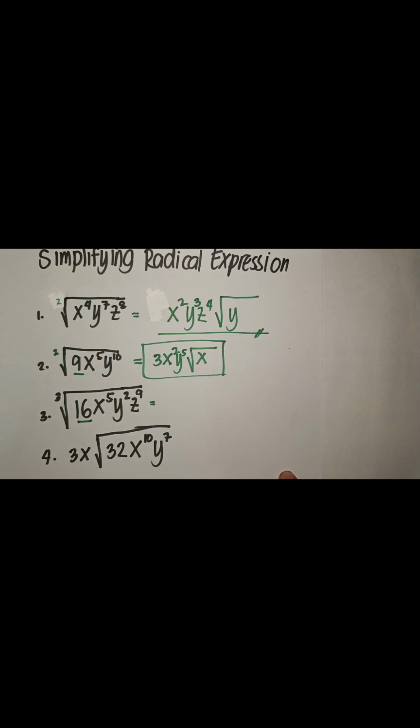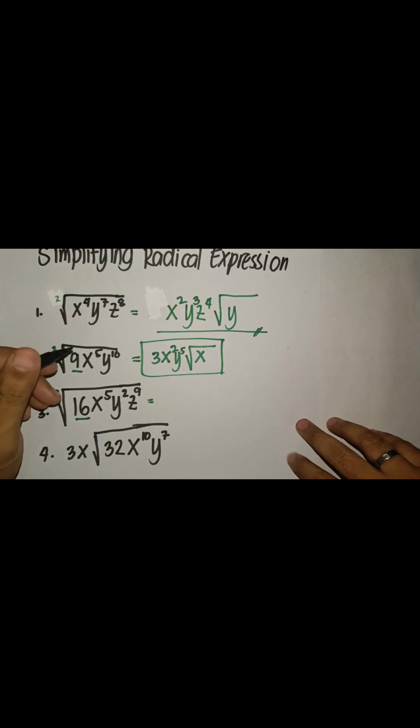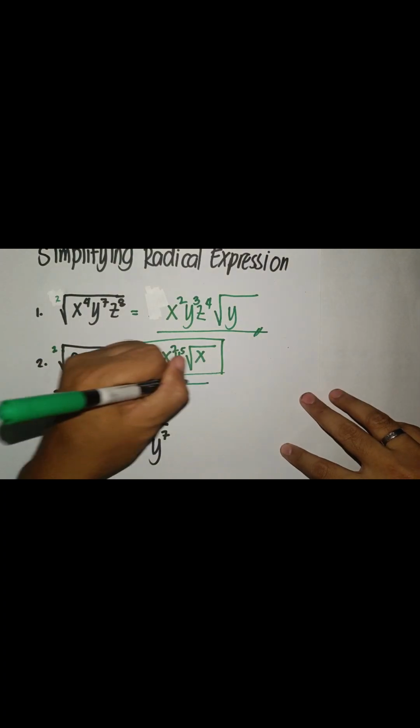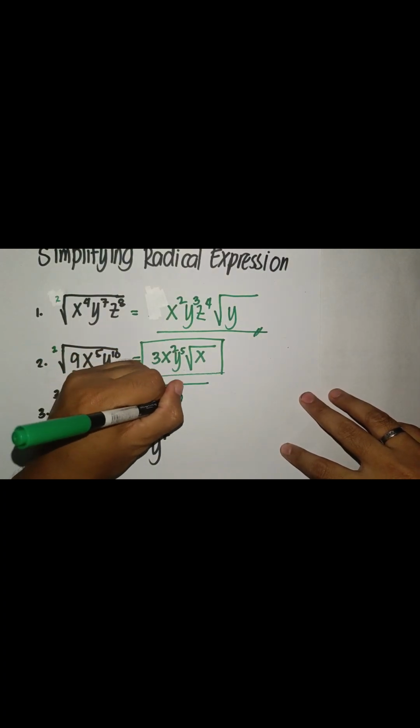Let's start with 2. 2 times 2 is 4, times 2 is 8. 16 divided by 8 is 2. Therefore, the factors of 16 are 8 times 2.